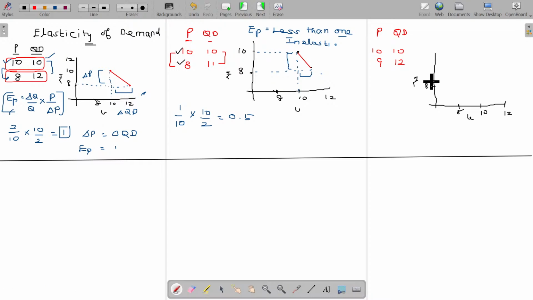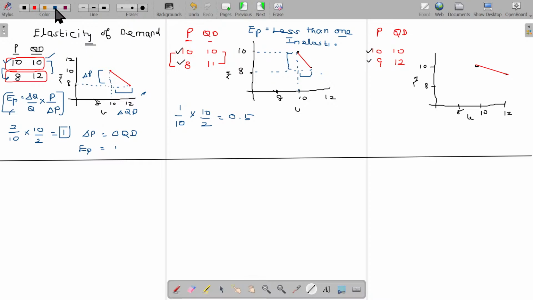Similarly, here 8, 10. When the price is 10, the quantity demanded is also 10. The price decreases to 9, then the quantity demanded is 12. So if I connect these two dots, it's not so steep. It's just slanting, right?